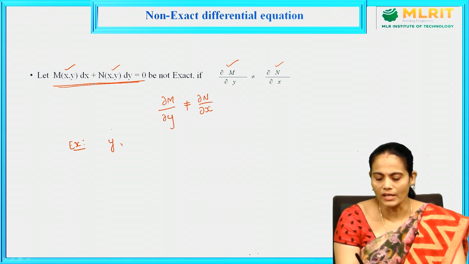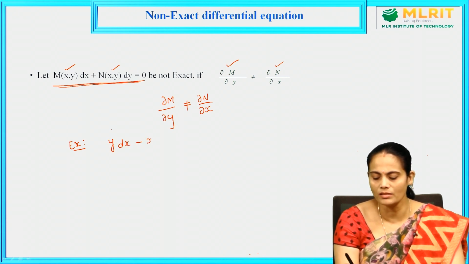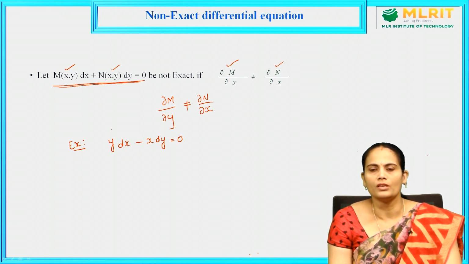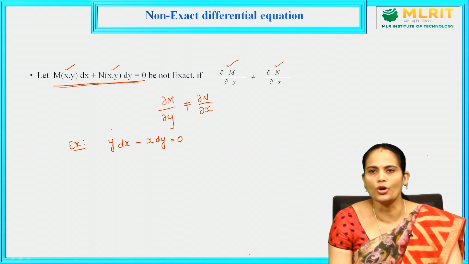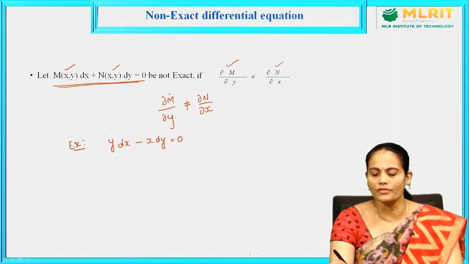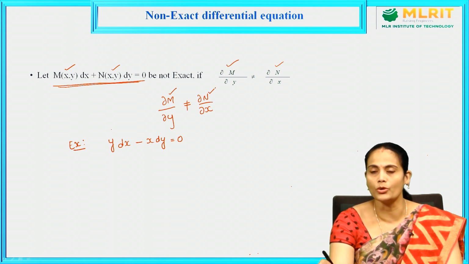So y dx minus x dy is equal to 0. Now we have to verify that this differential equation is non-exact. So what conditions do we have to check? We have to find dou M by dou y and dou N by dou x values.